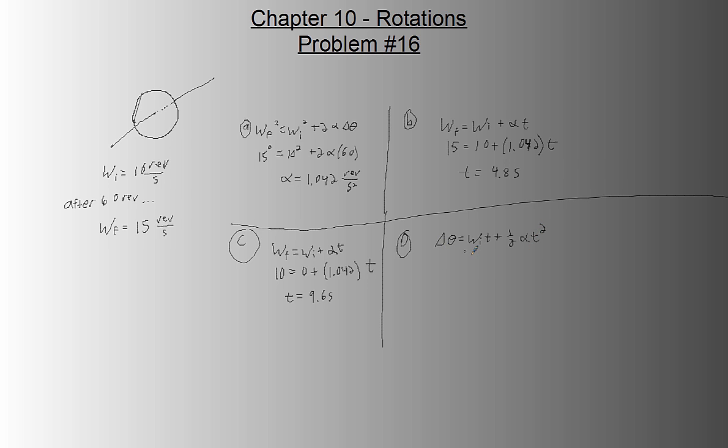And we're looking for this, so we just know this is 0 plus 1/2, same acceleration, 1.042 times 9.6 squared. That's the time it took to do this type of motion, and you get delta theta equals 48 revolutions. And that's it. Not too bad.